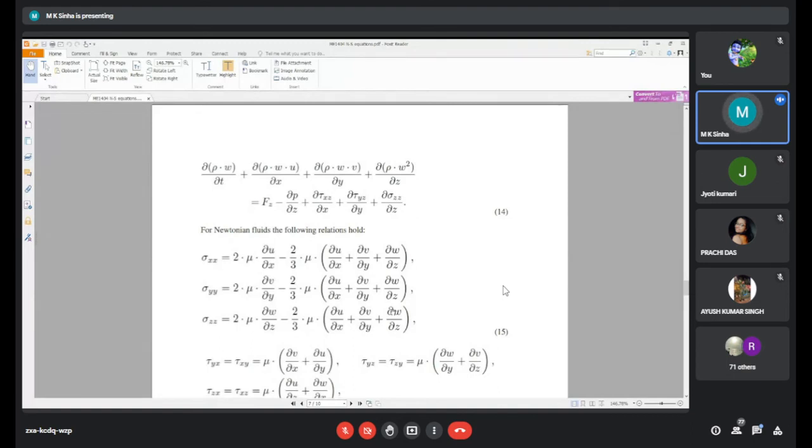Again, we still have not got our required results. Still, we have the terms in the stresses. Then we have to simplify again using some principle of fluid mechanics, giving some restrictions.